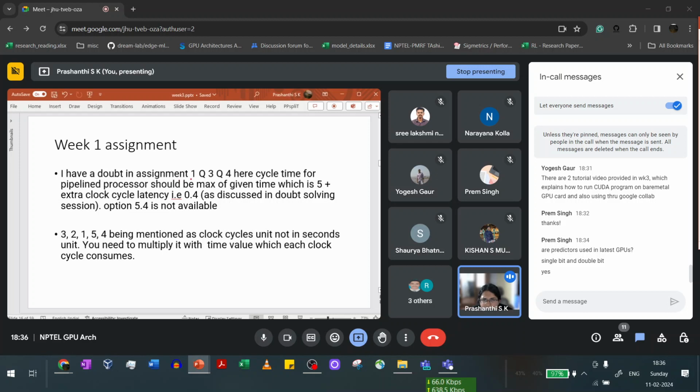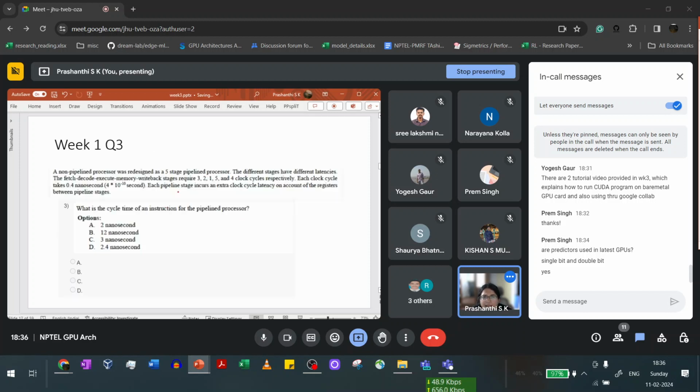This was about assignment 1, question 3 and question 4. Cycle time for a pipeline processor should be the max of the given times. The cycles for each of fetch, decode, execute, memory and write back were 3, 2, 1, 5 and 4, and the question was, what is the cycle time?